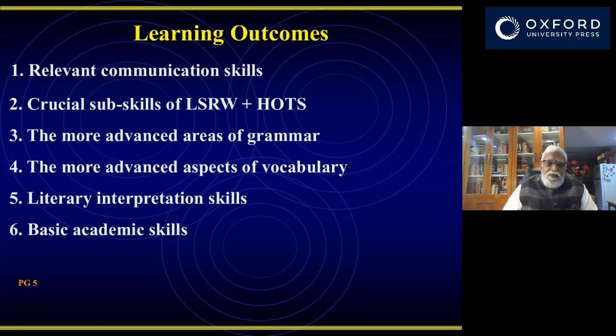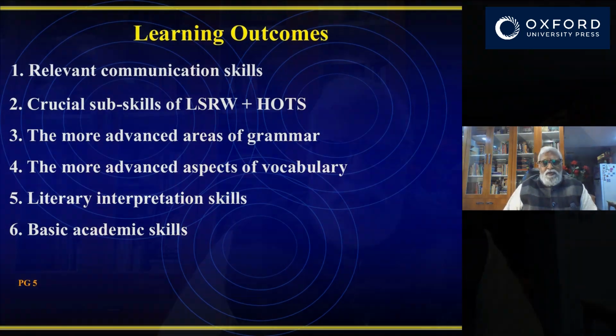And 6, learners show proof of having acquired basic academic skills, or what teachers commonly refer to as study skills, like the efficient use of the dictionary and the ability to condense or elaborate relevant information.